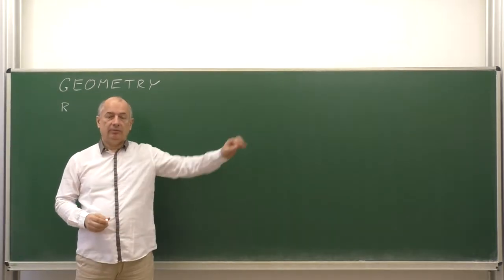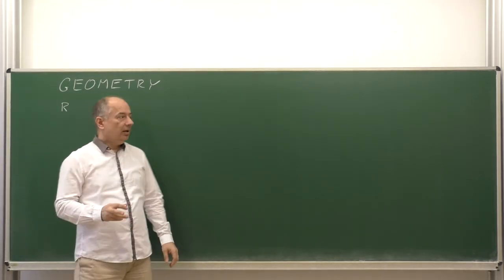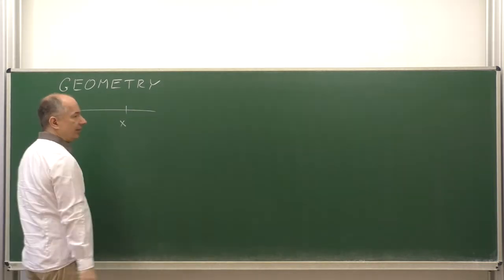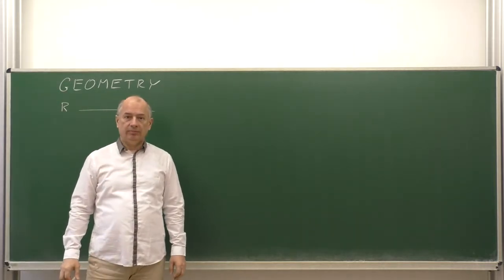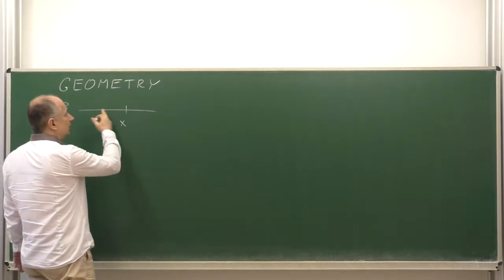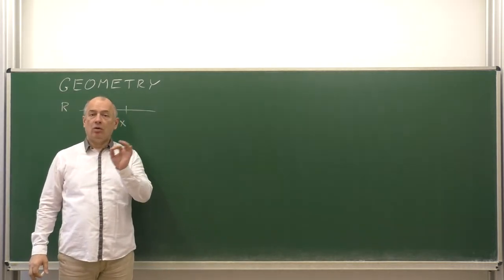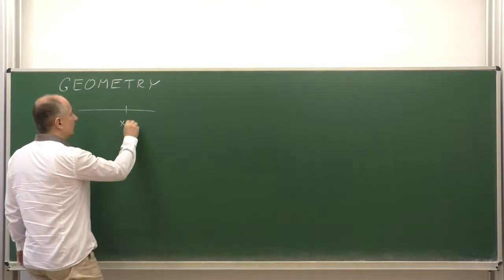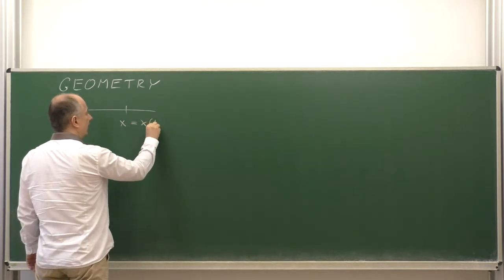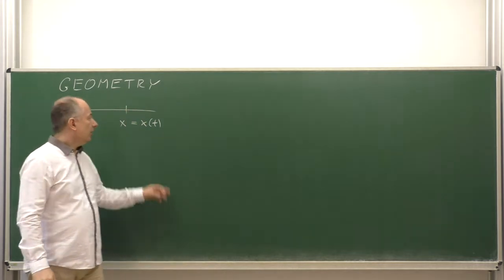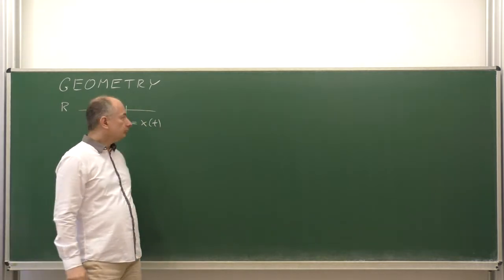Just one line, R. We can describe a point on a line by the coordinate x, just one real number. And this coordinate, the point may be either fixed, constant, or it may move. If it moves, then the coordinate x is some function of some parameter t, and we can think of t as time.